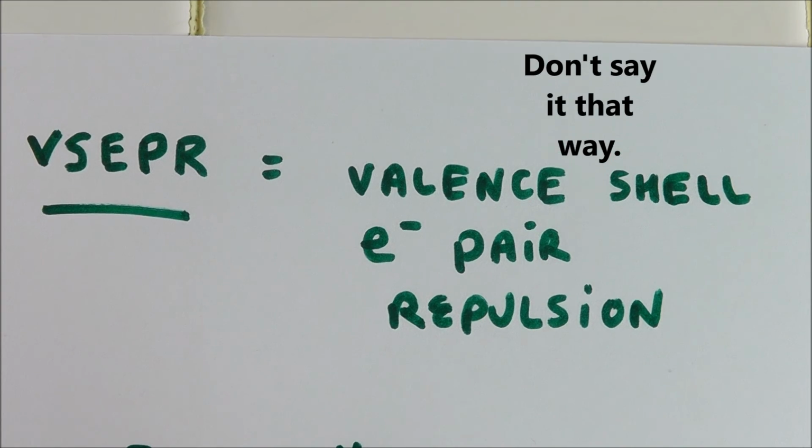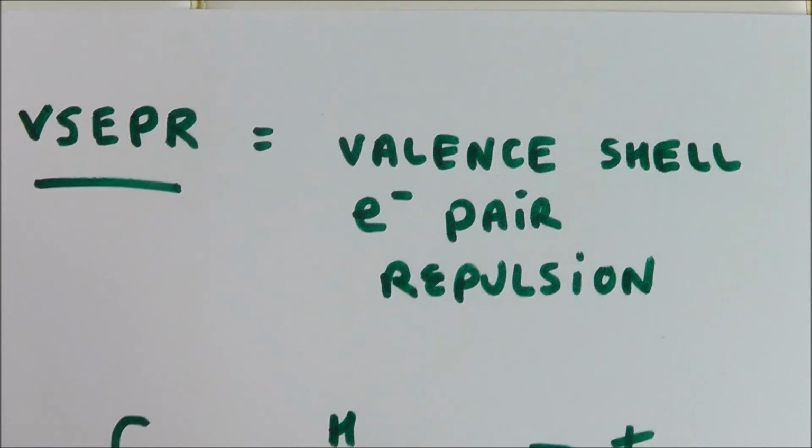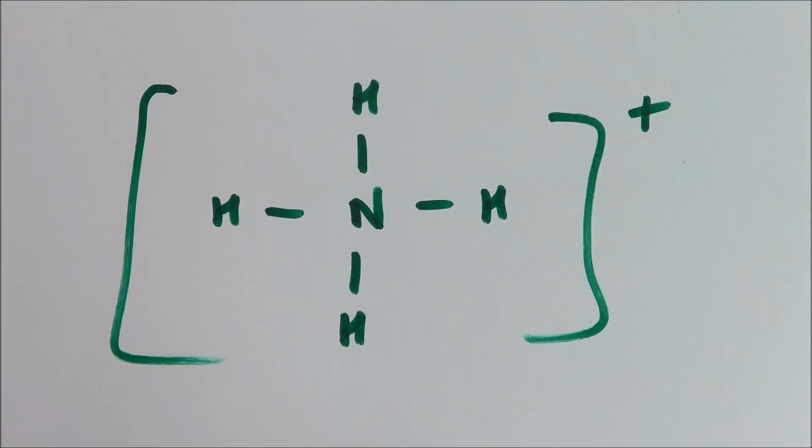And that is the idea that these molecules are not all the way we write them on paper. So if you take something like ammonium ion, you say, hey, it looks like kind of shaped like a cross.